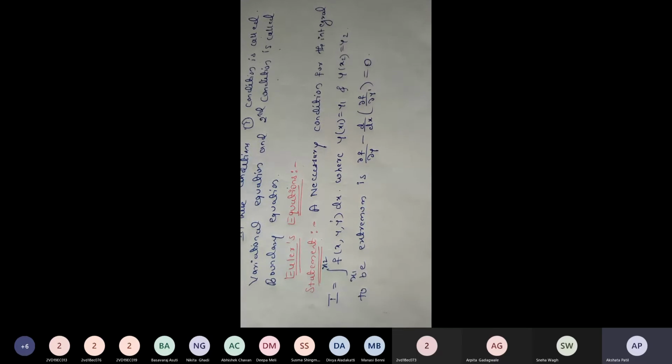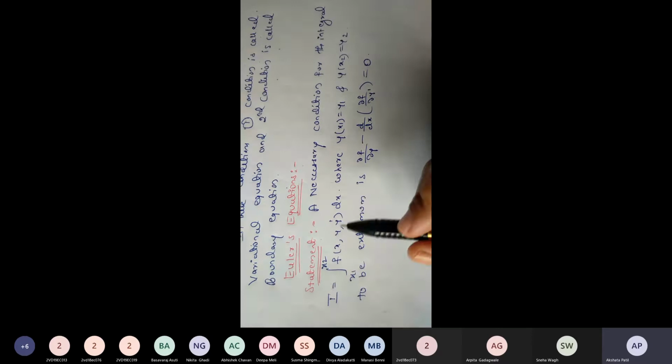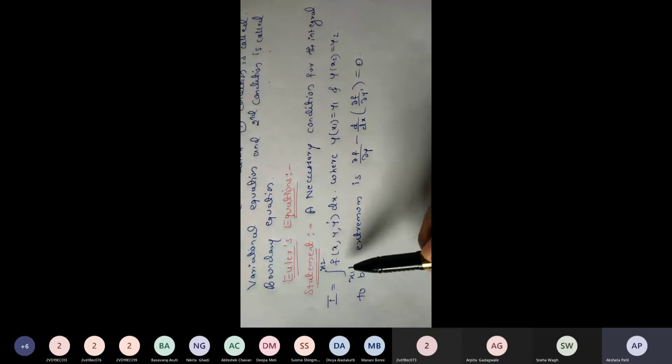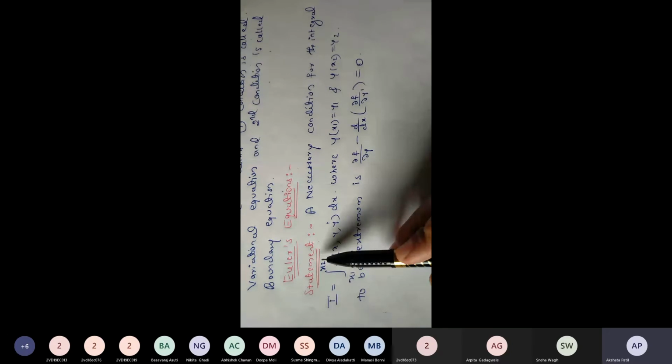Euler's equation is one of the important theorems in calculus of variations. Here the statement gives a necessary condition for the integral capital I equals the integral over x1 to x2 of f of x comma y dash dx, where y of x1 equals y1 and y of x2 equals y2, to be an extremum.